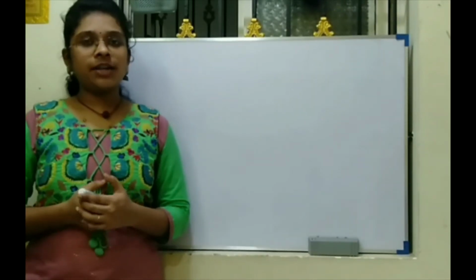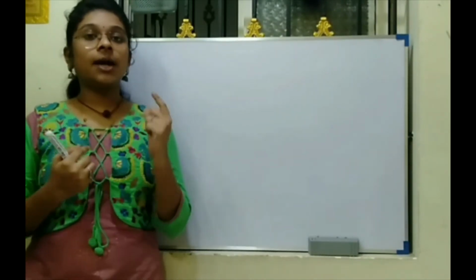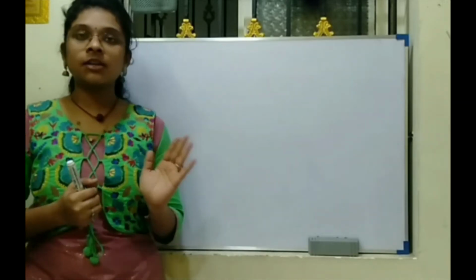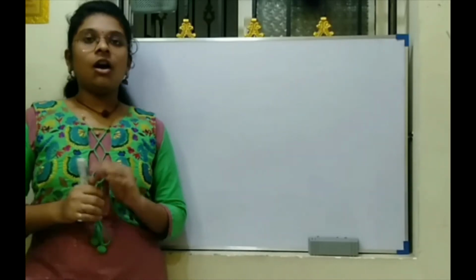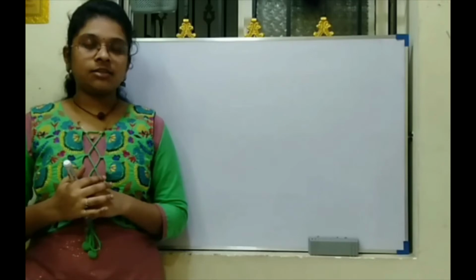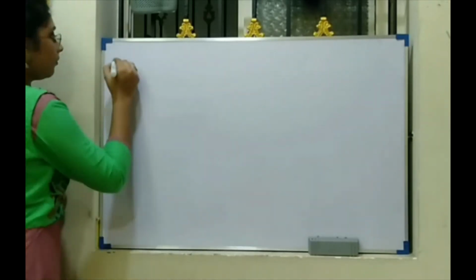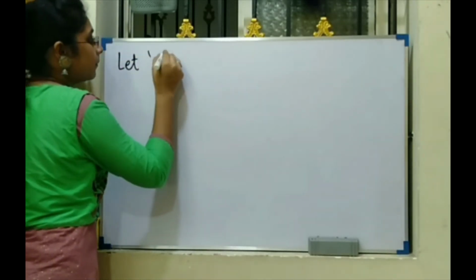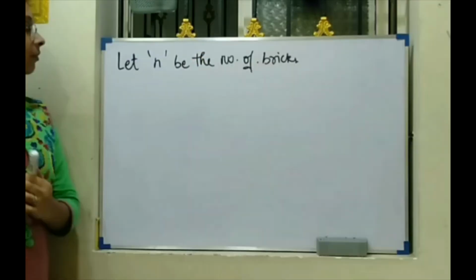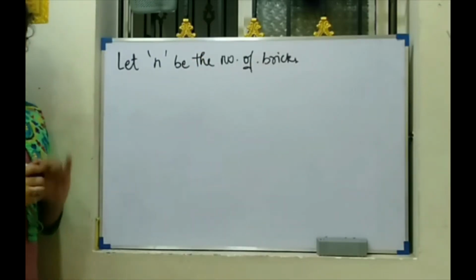What do we need to find? We have to find the number of bricks that can be painted with the given amount of paint, right? So, we don't know how many bricks there are. So, let's keep it as n. Let n be the number of bricks.